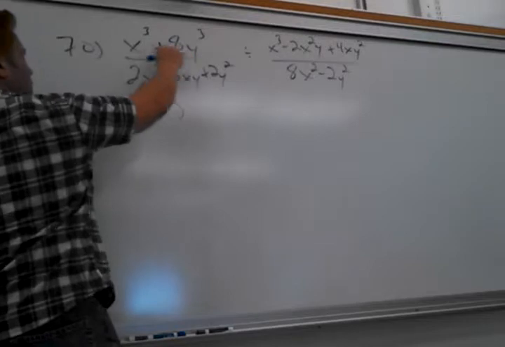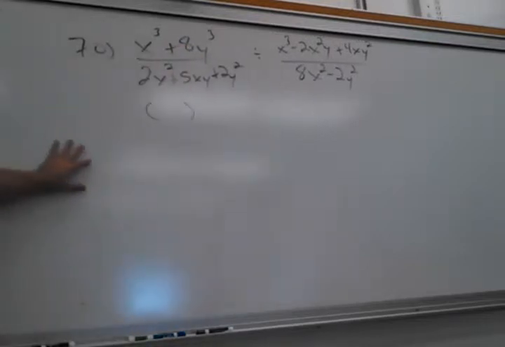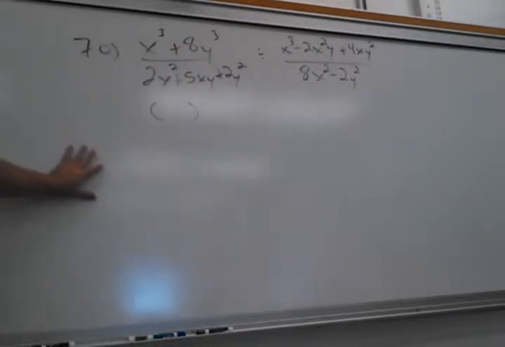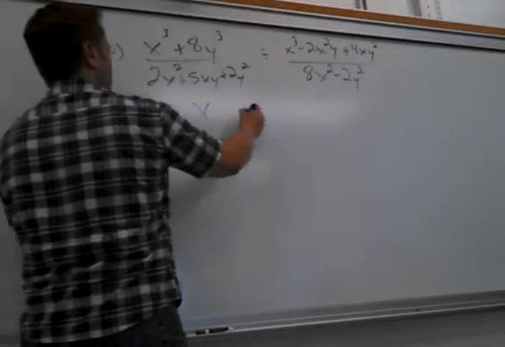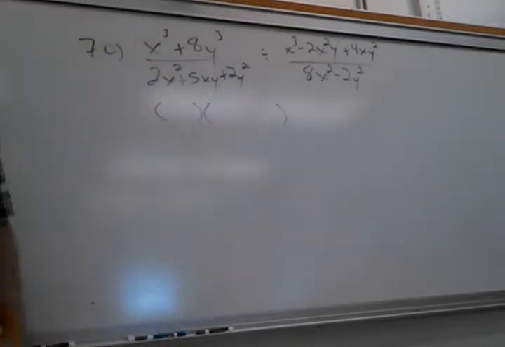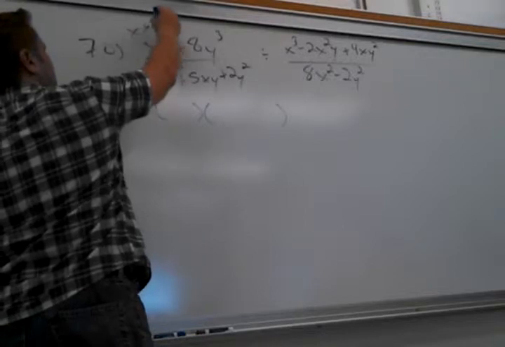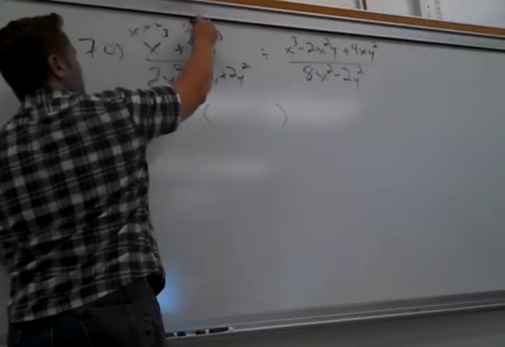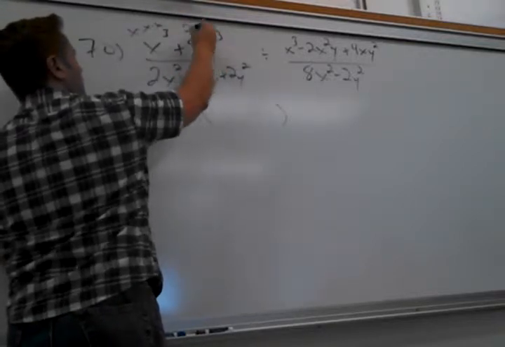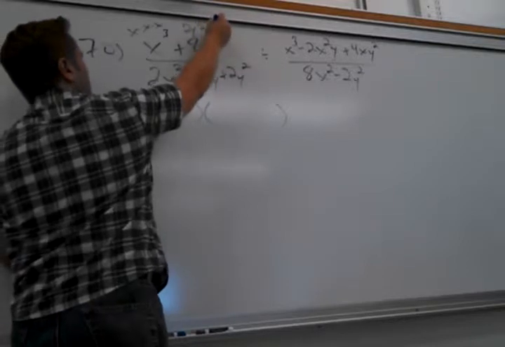So what do I put down for this guy? For cubes, X plus 2y. A plus B, times A squared. So the little dude goes X, because this is x and this is 2y. Cool.